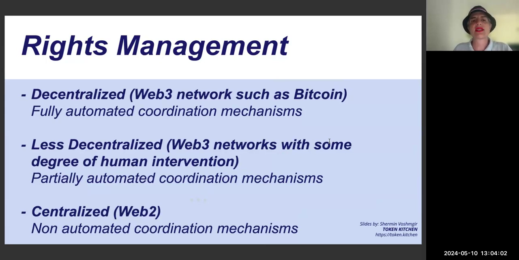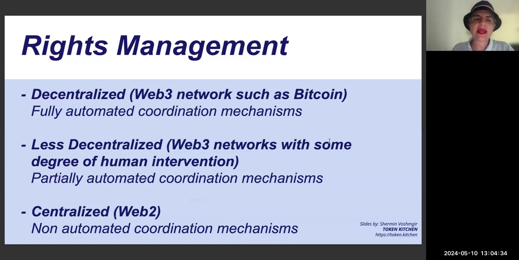Rights are managed in a decentralized way, decentralized referring to a distributed set of autonomous network actors that automatically coordinate towards a common goal through fully automated coordination mechanisms. An example is the Bitcoin network, of course, the first example, and the coordination mechanism is proof of work.